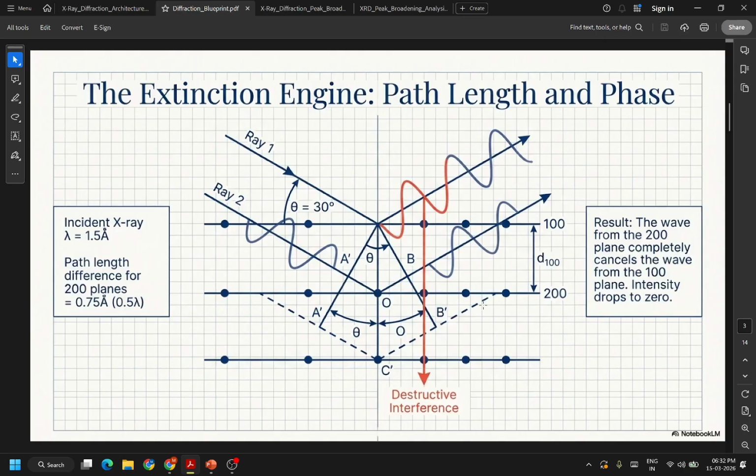And when it reflects, the wave from the 200 plane will completely cancel the wave from the 100 plane, because they will be entirely out of phase. Hence the peak for 100 planes will not have any intensity, because they will create destructive interference.